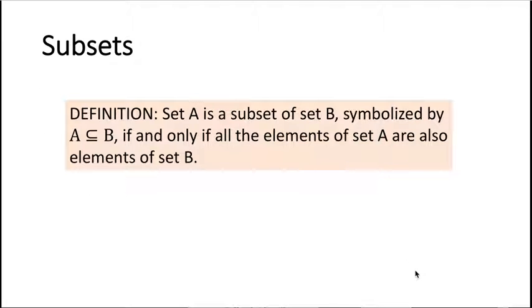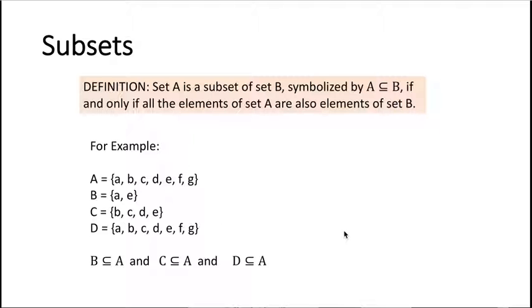All right, the definition of a subset is: set A is a subset of set B, symbolized by A ⊆ B, if and only if all the elements of A are also elements of set B. So, for example, consider these sets A, B, C, and D. B is considered a subset of A because A and E are in set A. Same thing with C. What I want you to take note of is D is also a subset of A. Do you notice that D is equal to A, but D is also a subset?